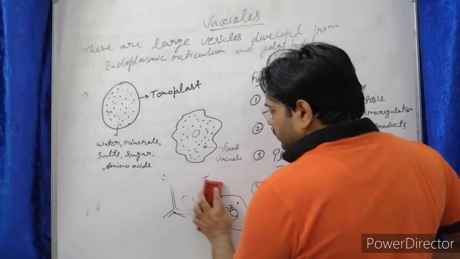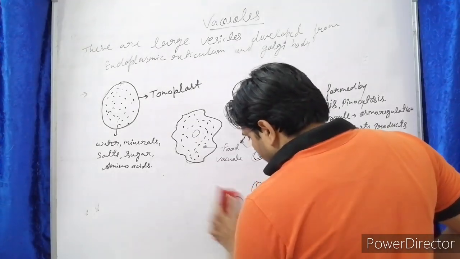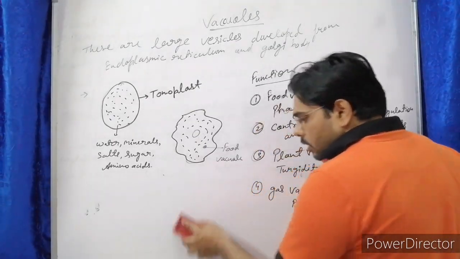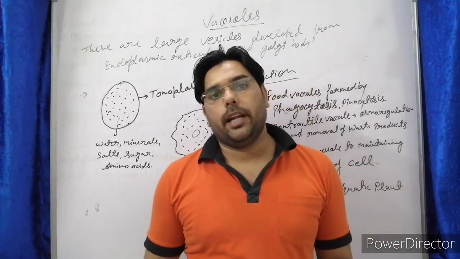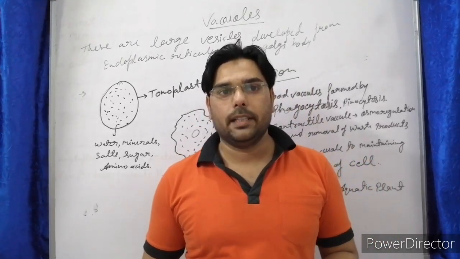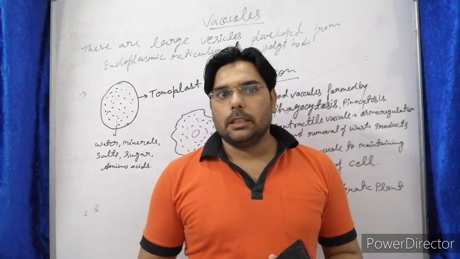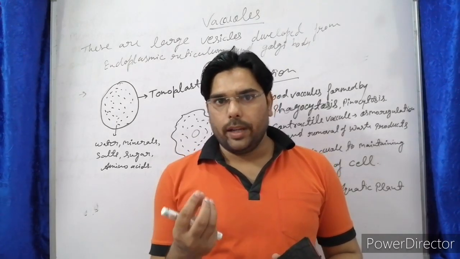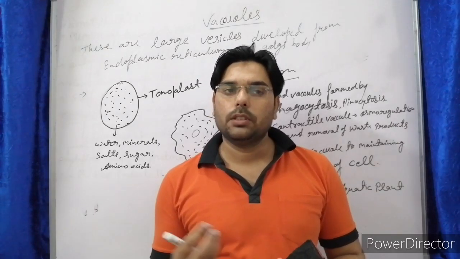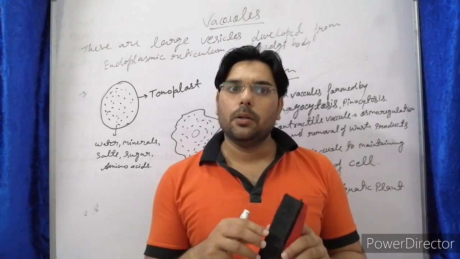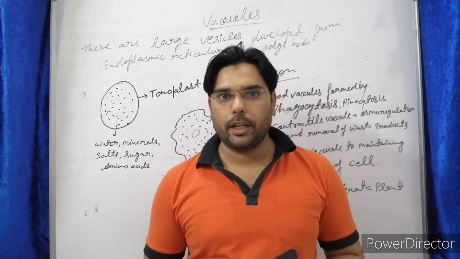Students, now let us see how these vacuoles are formed. We have discussed the endoplasmic reticulum and Golgi apparatus. Endoplasmic reticulum secretes vesicles, and in the Golgi bodies these vacuoles are modified and prepared as mature vacuoles.